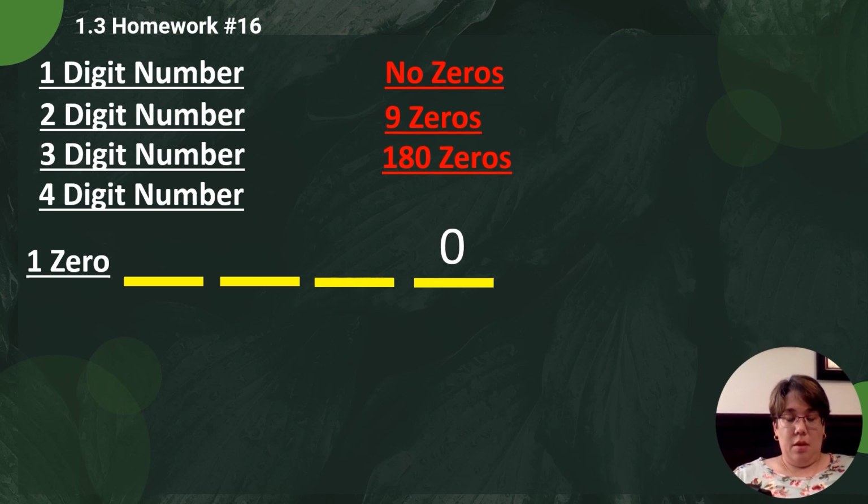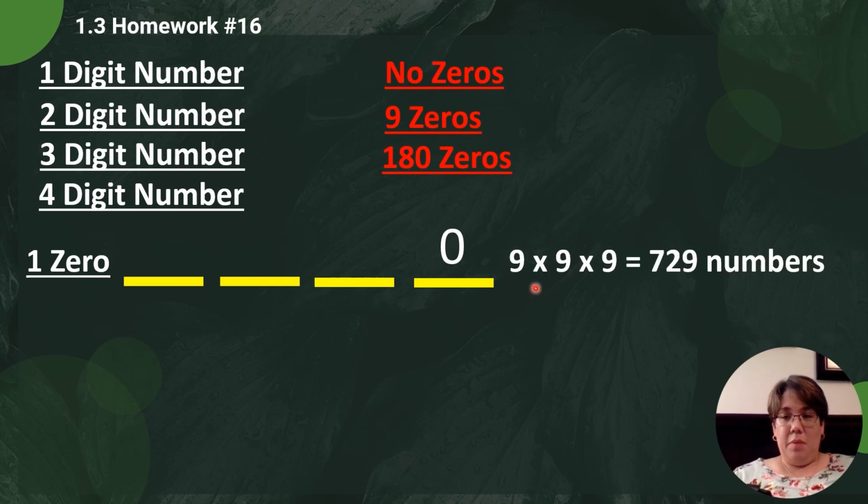All right, so with 1 0, I could have 9 digits in any of these other places, and there's 3 of them, right? So that's 729 numbers. 9 times 9 times 9. Okay, that's 4-digit numbers that end in a 0.